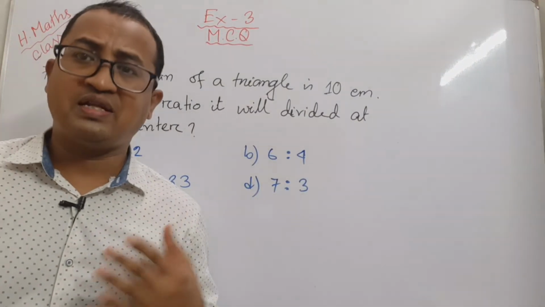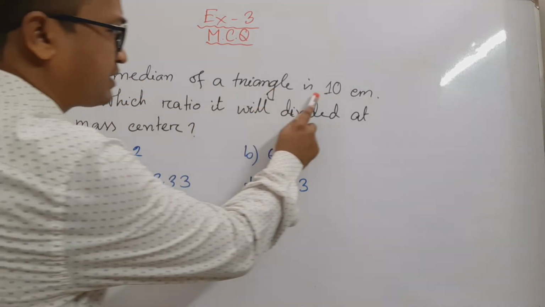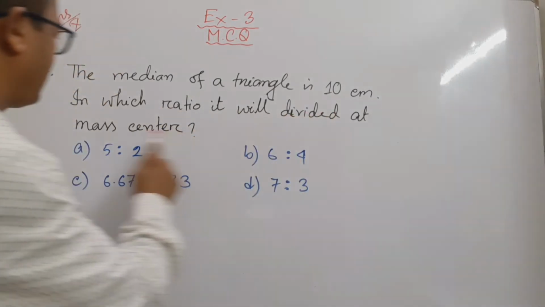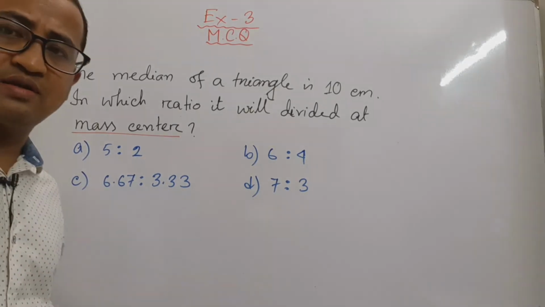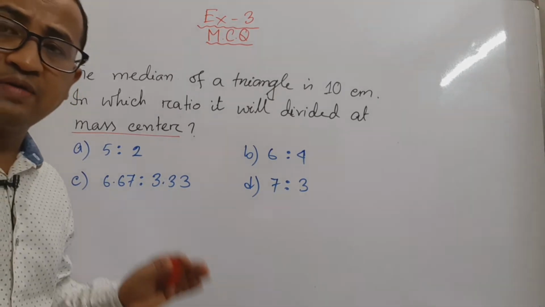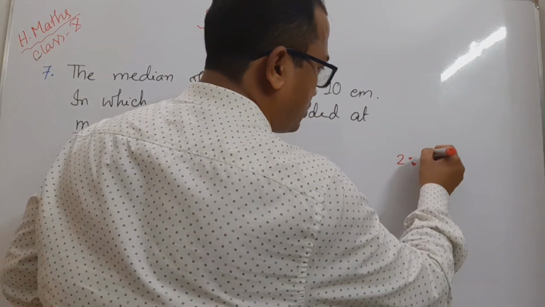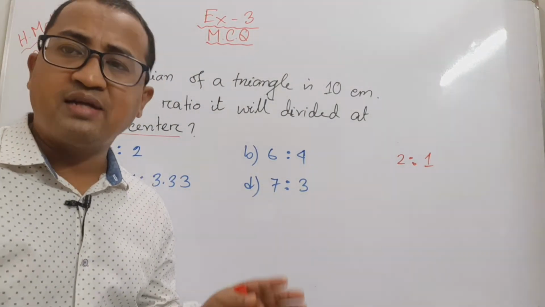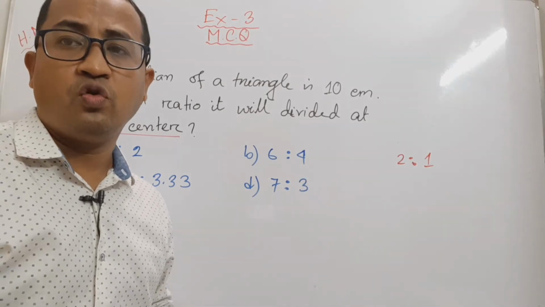Now question number 7. Look at the board. The median of a triangle is 10 cm. In which ratio will it divide at the mesh center? What do you mean by mesh center? Actually mesh center is the centroid, and we know every median is divided at the centroid in the ratio 2:1.